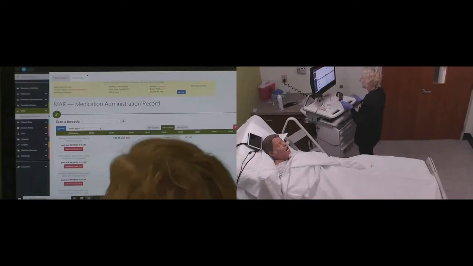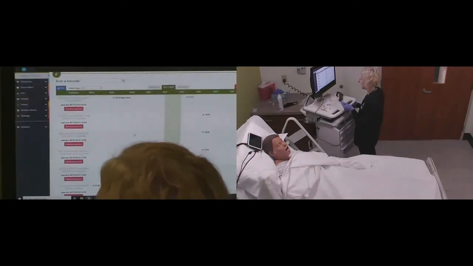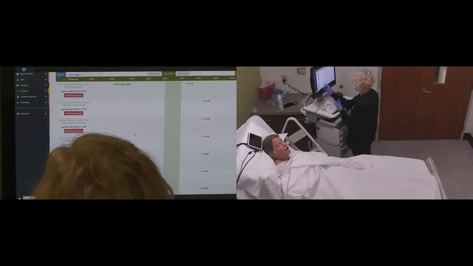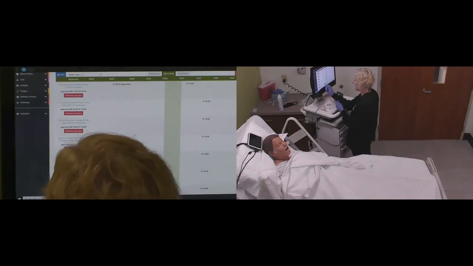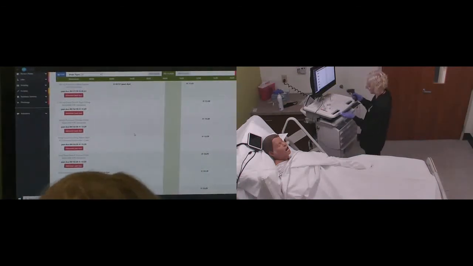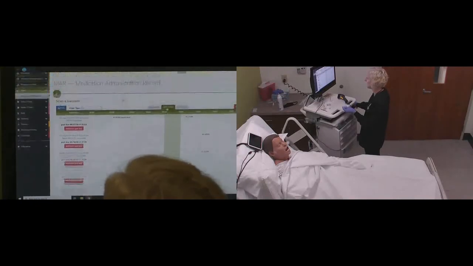The first medication that I'm going to give you this morning is your Coumadin. It is scheduled 5 milligrams and it's a tablet, so it's going to be a tablet that you swallow this morning. It's scheduled to be given now, and it is not expired, so that looks good. I'm going to go ahead and scan my medication here.